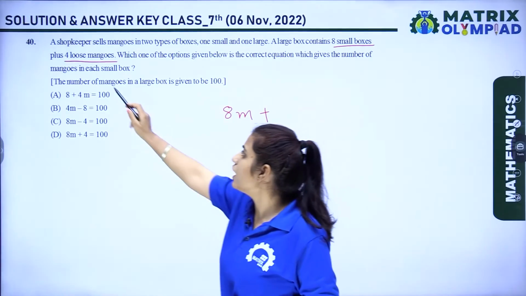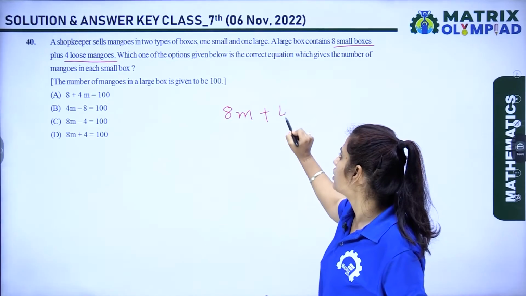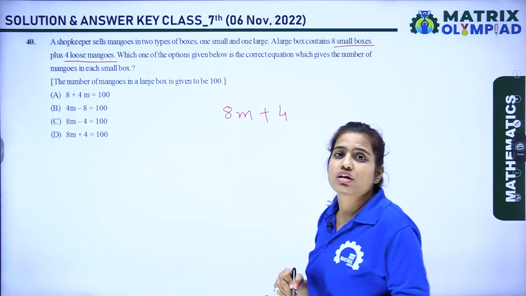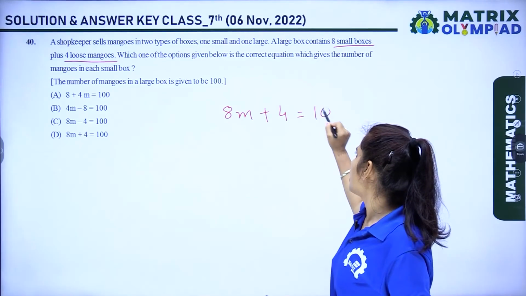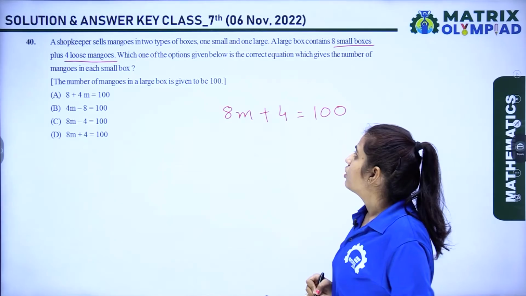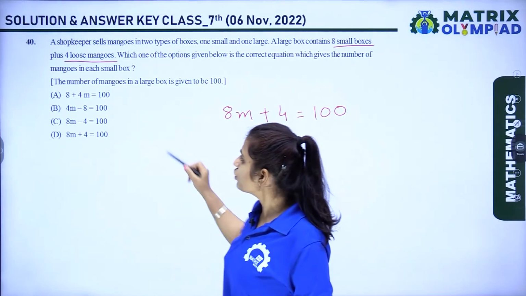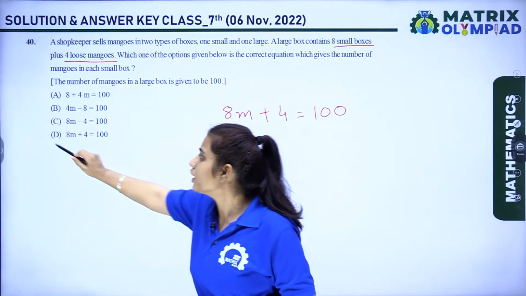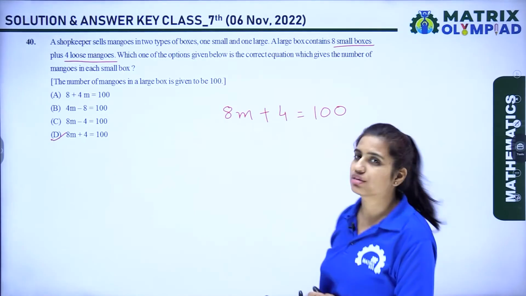So here we are adding 4 loose mangoes in the given number 8m. Now this total becomes 100. So this is the required equation for the given question. So let's find out which option is the correct one. So here option D is the correct answer for the given question.